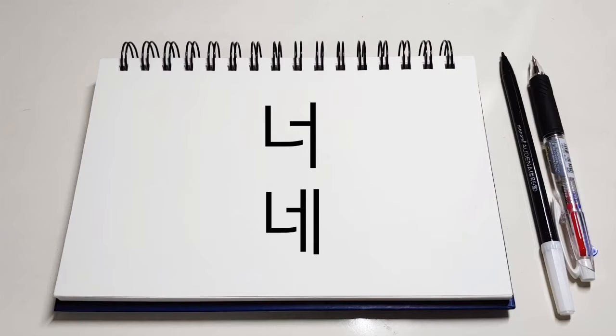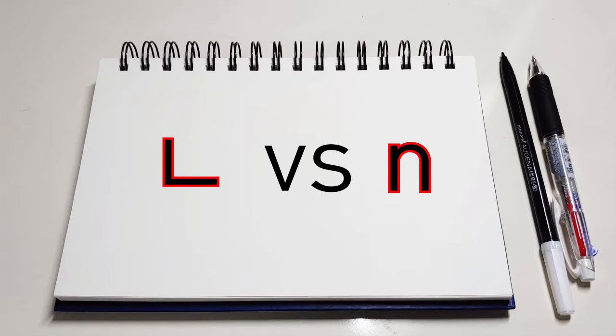So now let's move on to the 니은 sound. Sometimes when Korean people say 너, 네, it can sound like 더, 대, with an English D sound. And this is because Korean 니은 and English N are a little bit different. When pronouncing the English N sound, your tongue doesn't touch right behind your teeth, but you kind of roll your tongue a little bit and it touches a part a bit far away from your front teeth.